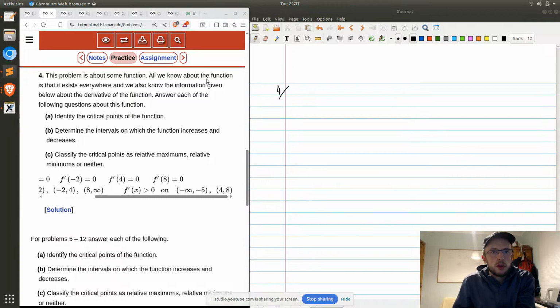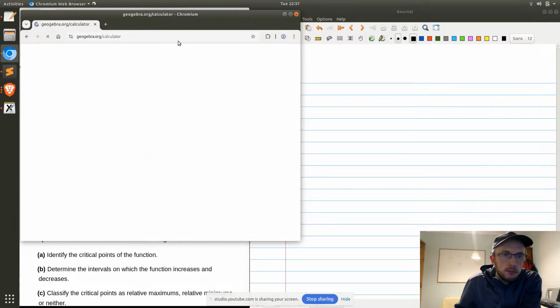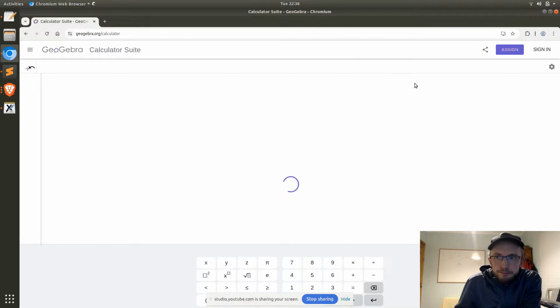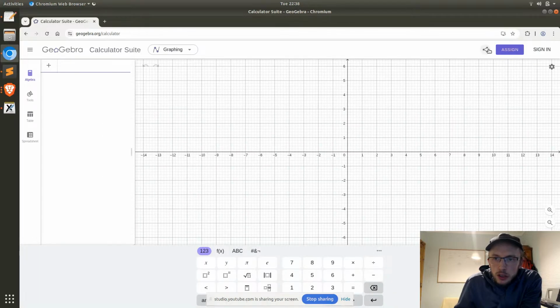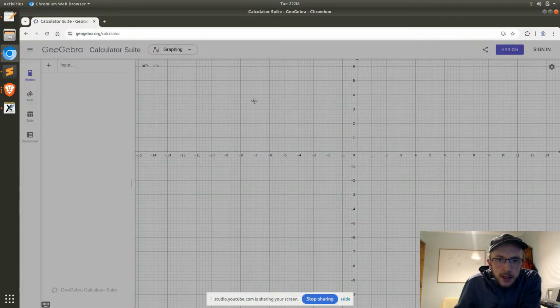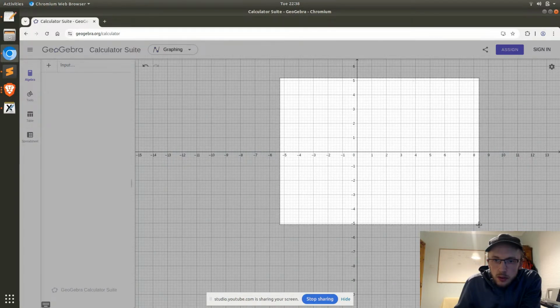So, how to get a piece of graph paper? Go here, GeoGebra. Use your screenshot tool and grab a piece.